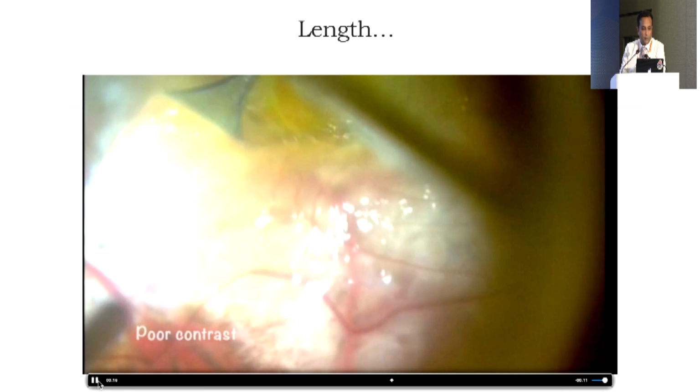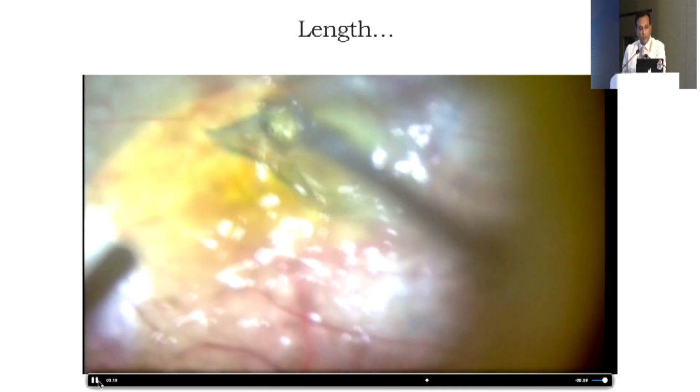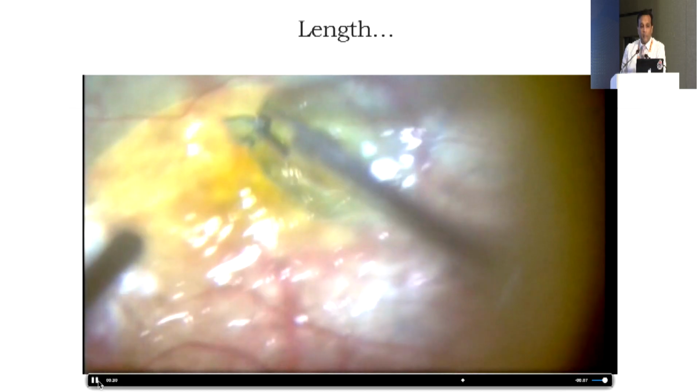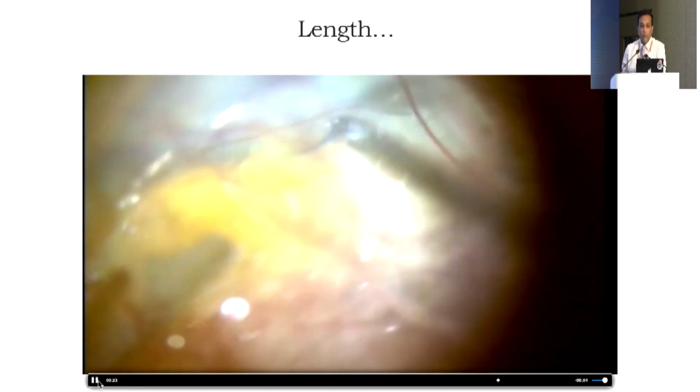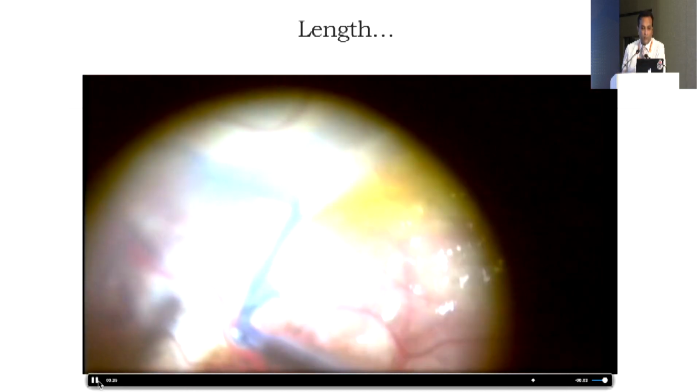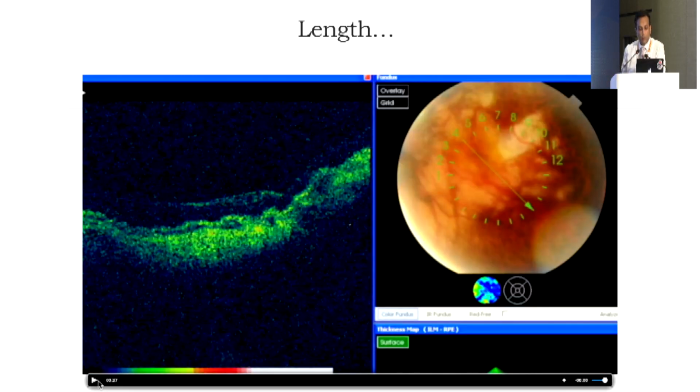The macular lens provides excellent resolution and good magnification, and in these cases where the axial length is so high, you should use a magnifying lens. These are excellent things. Otherwise, you can do away with the normal non-contact wide-angle systems.